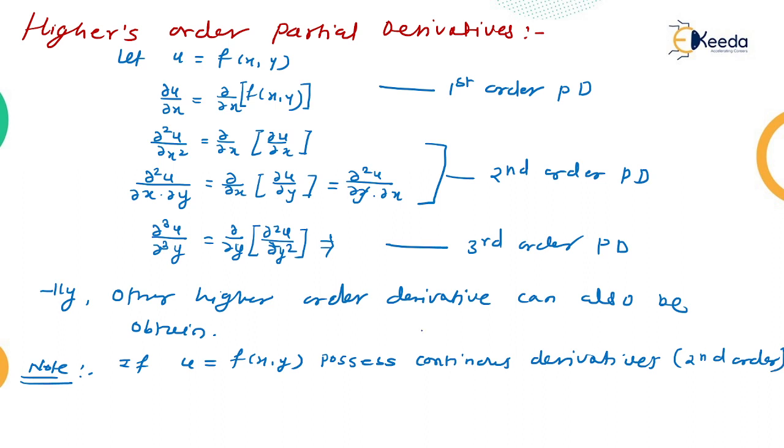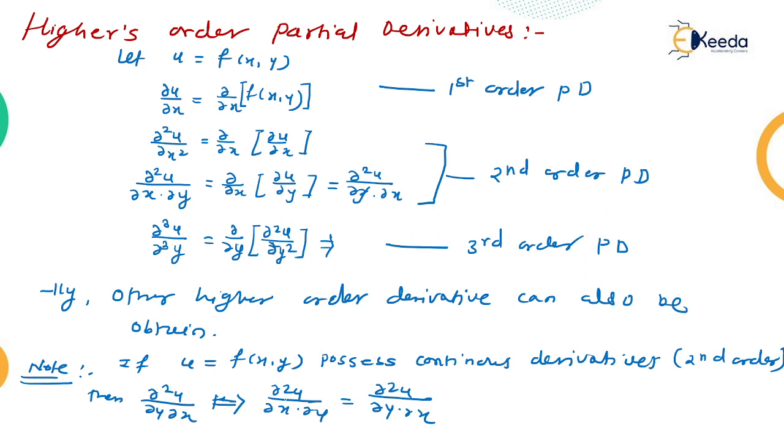For example, u has a second order derivative, right? Then ∂²u/∂y∂x can be written as ∂²u/∂x∂y, or that is also equal to ∂²u/∂y∂x.